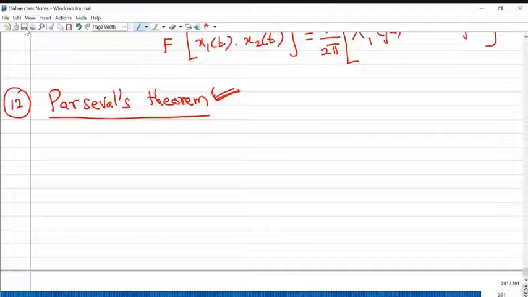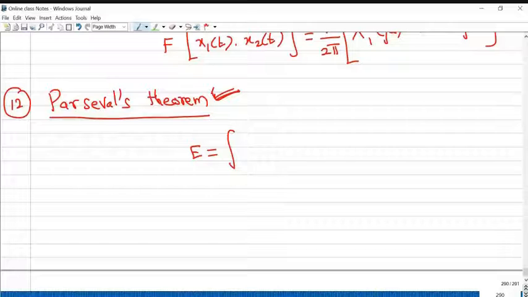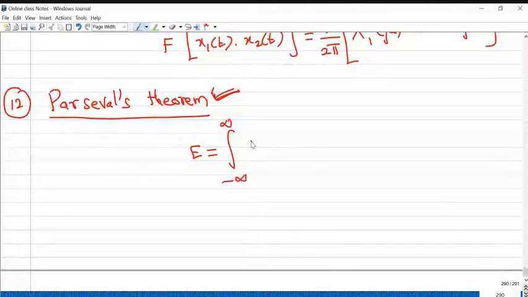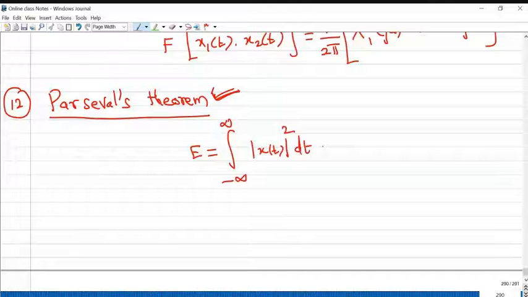So what does this particular theorem state? We studied the formula to find the energy of a signal: energy equals the integral from minus infinity to infinity of modulus x of t squared dt. This is what we studied in unit 1.